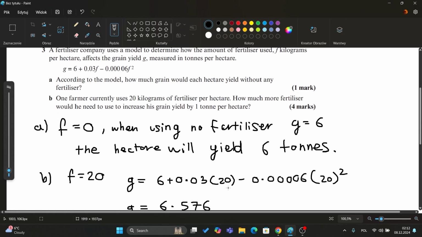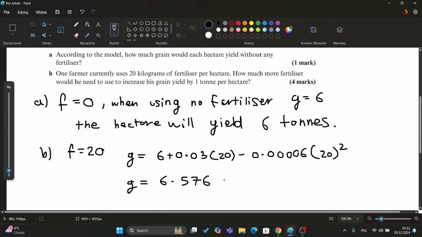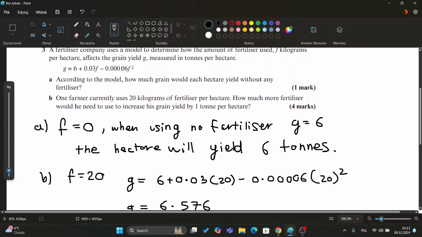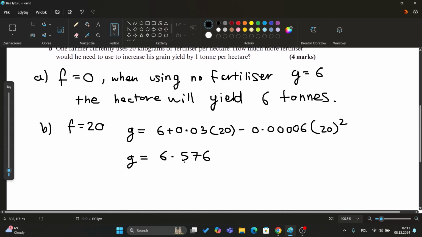So that's how much grain yield in tons per hectare we have when 20 kilograms of fertilizer are used. And the question asks how much more fertilizer we would need to increase his grain yield by 1 ton. Now he has 6.576 tons when the fertilizer used is 20 kilograms.